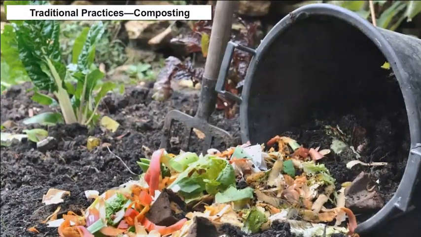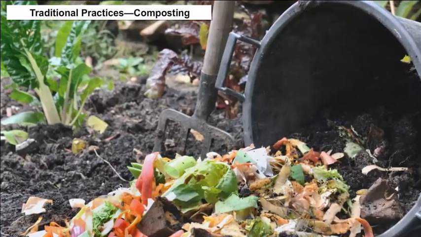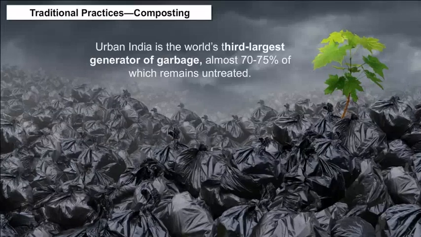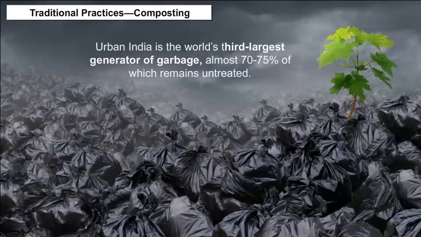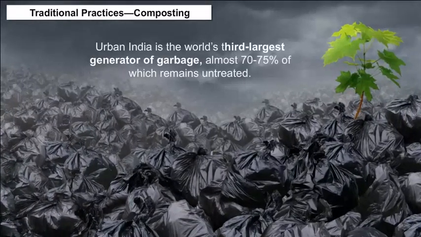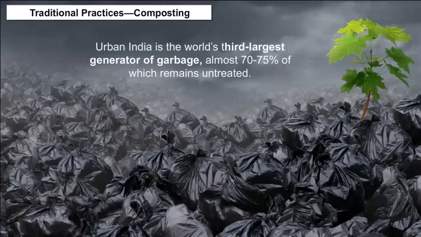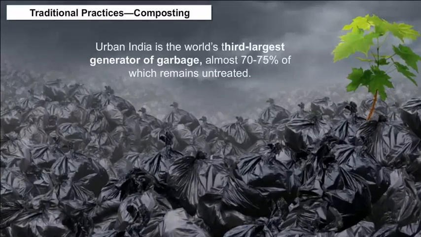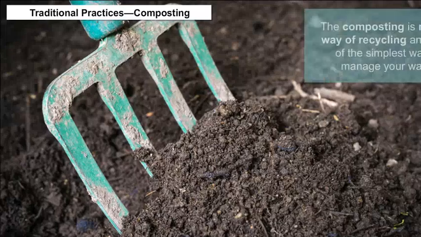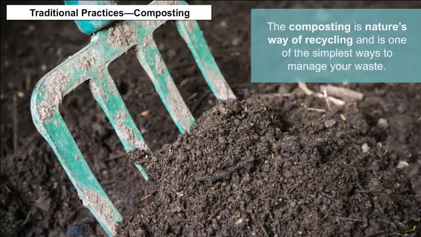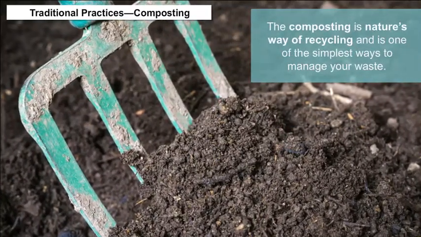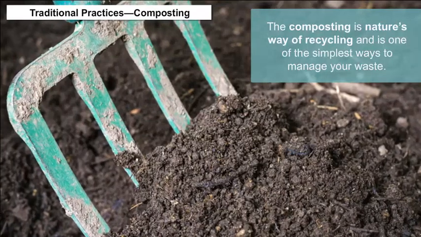Traditional practices. Composting. Urban India is the world's third largest generator of garbage, almost 70 to 75% of which remains untreated. Composting is nature's way of recycling and is one of the simplest ways to manage your waste.